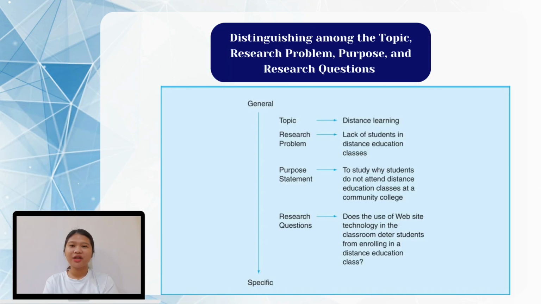Examining the statement requires that our investigator narrow intent to specific questions, one of which is, does the use of website technology in the classroom deter students from enrolling in distance education classes? The process involves narrowing a broad topic to a specific question, and in this process, the research problem becomes a distinct step that needs to be identified to help readers clearly see the issue.